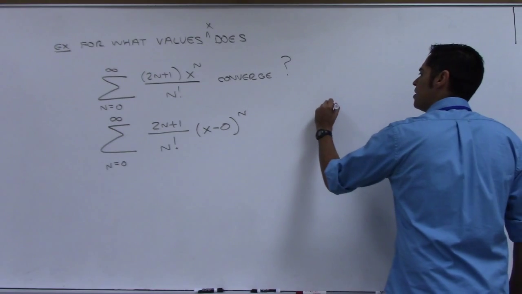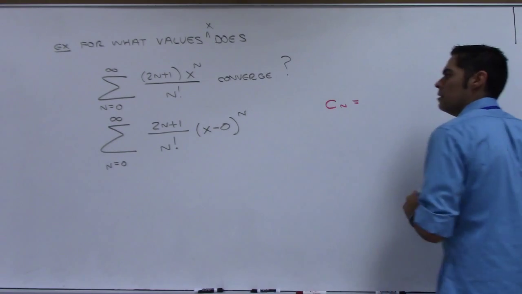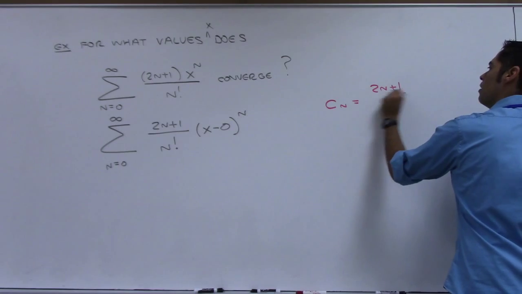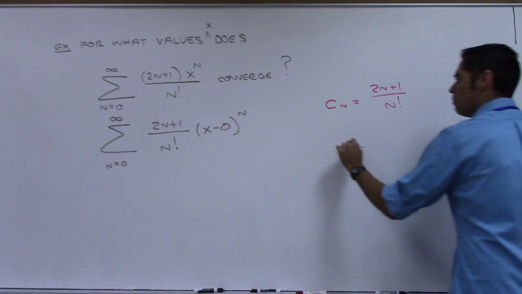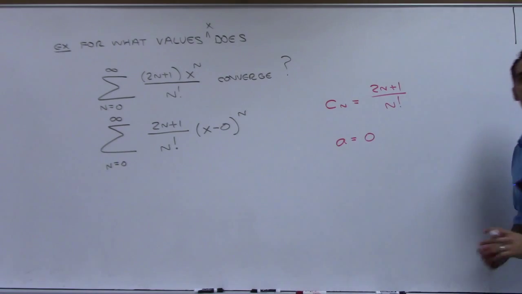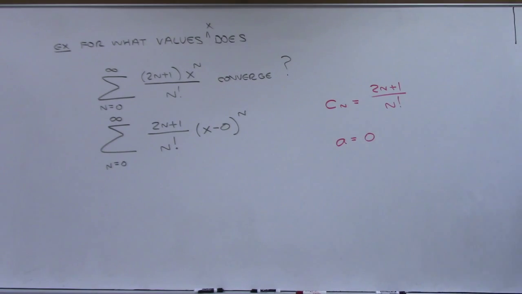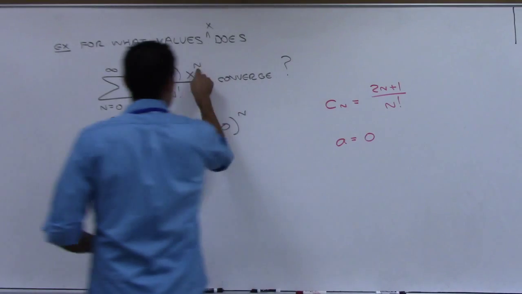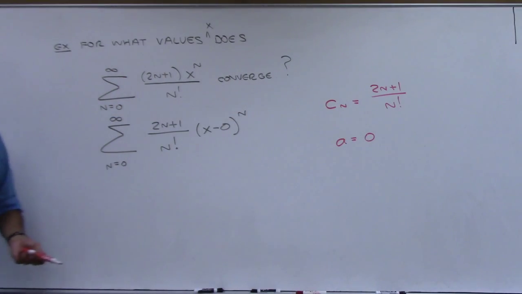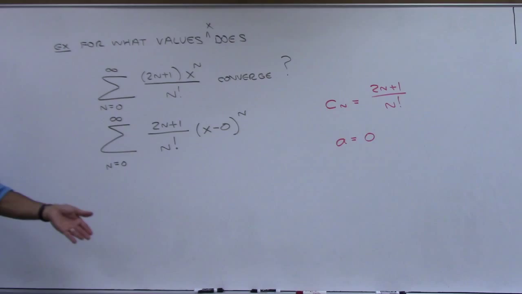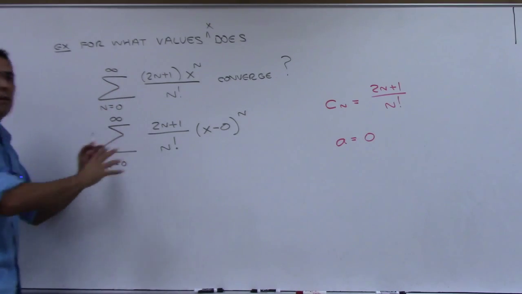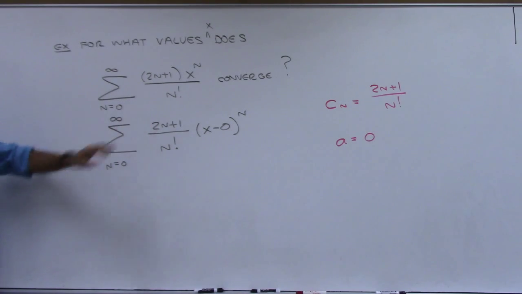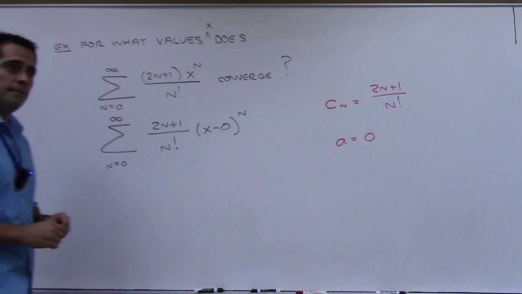Can you tell me what c sub n is in this? 2n plus 1 over n factorial. Can you tell me what a is in this problem? 0. Anytime you see x to the n by itself, a is 0. So it's a power series about 0. This is just to get you to see that we are dealing with a power series. But the question is, for what values of x does it converge?